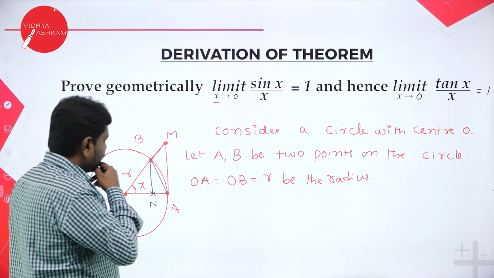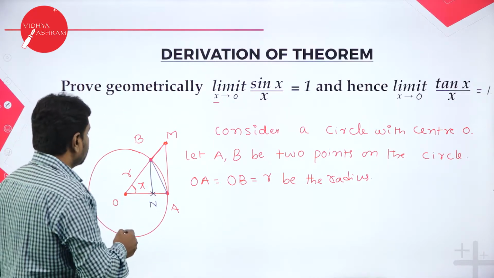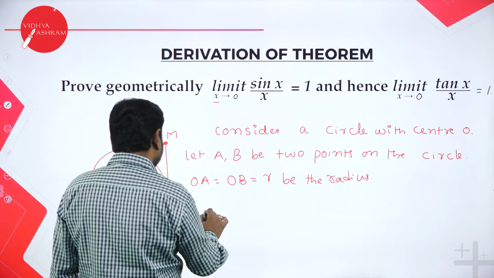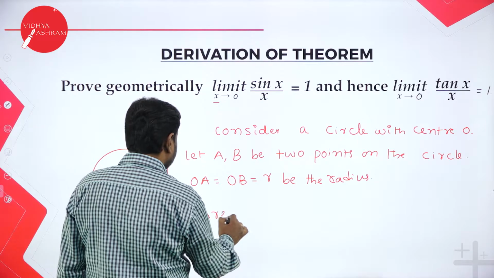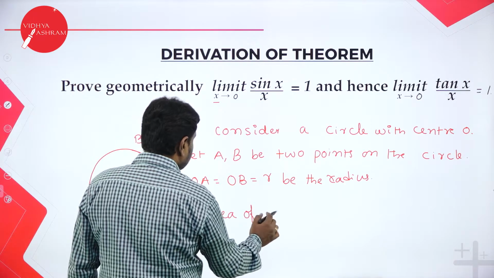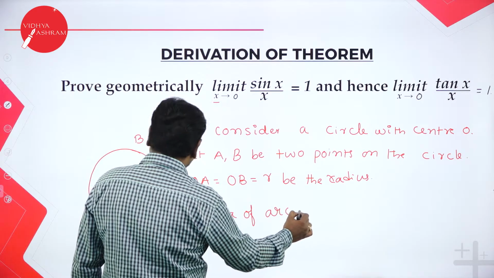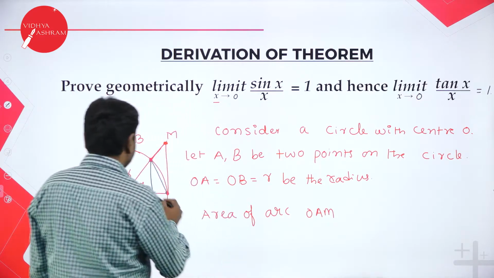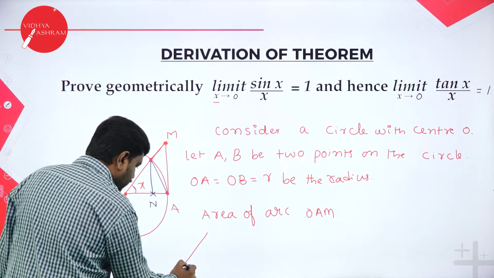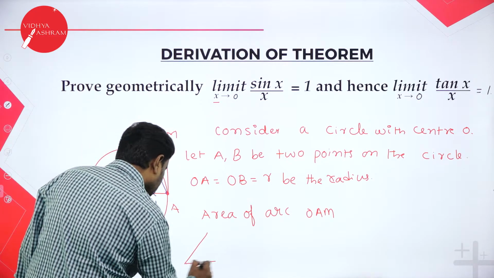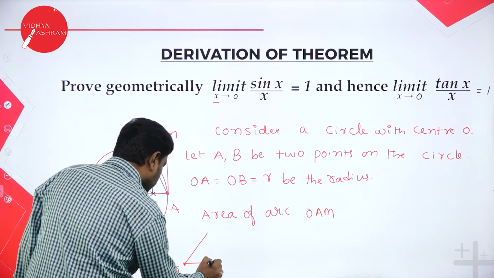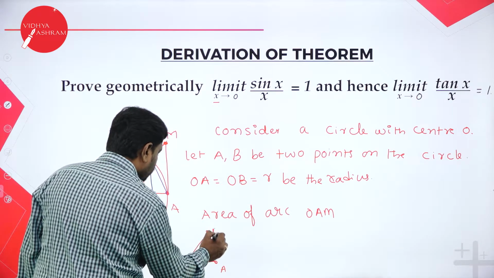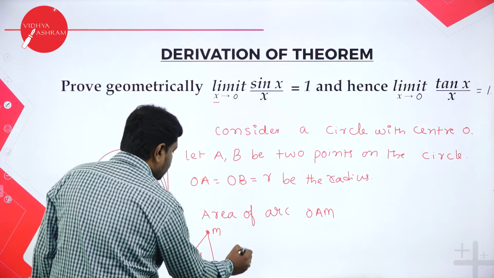Now from the diagram, you can see arc, area of small triangle, area of arc. So first all the areas I will take. Area of arc OAM. You can see arc OAM, means separately if I draw, this is the arc OAM. This point is O and this point is A and this point is M. Area of arc is what?